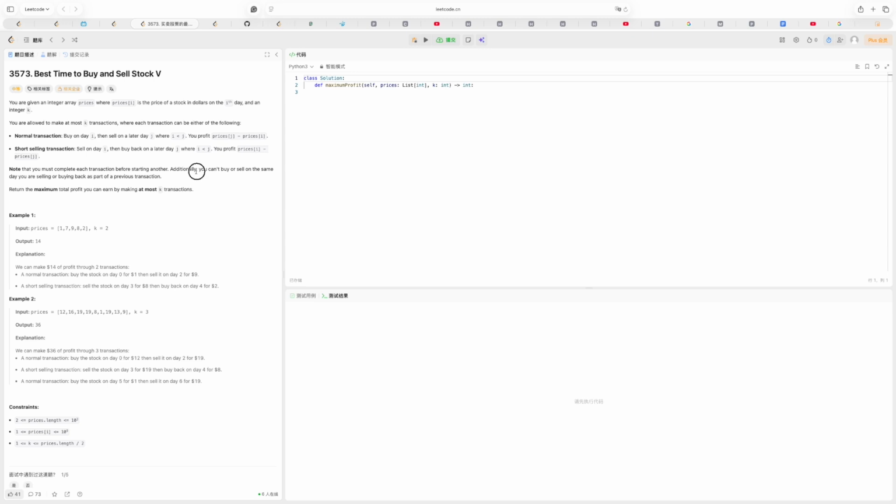This sentence, you can't buy or sell on the same day that you are selling or buying back as part of a previous transaction.